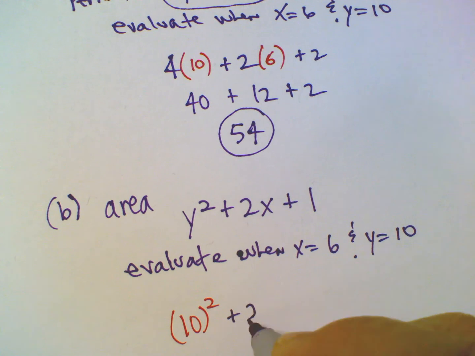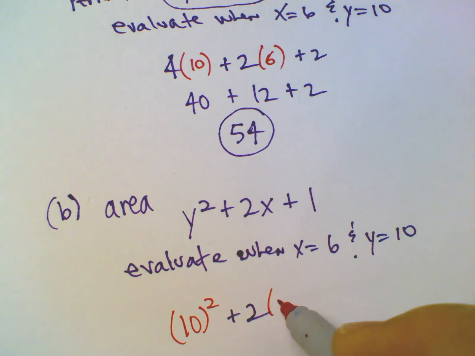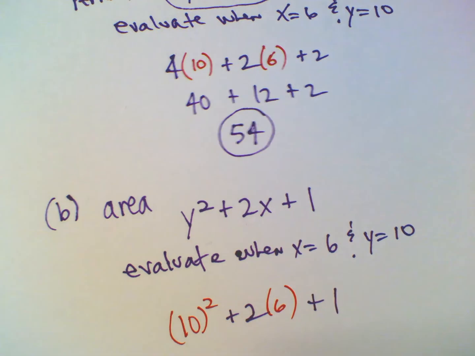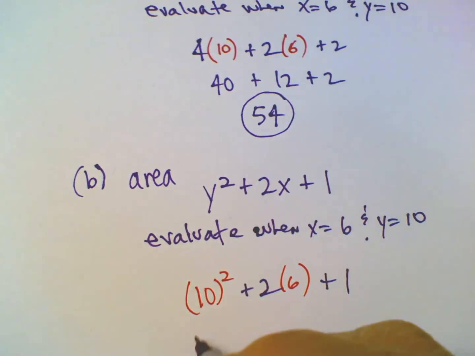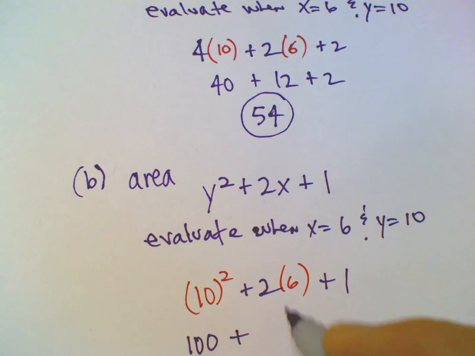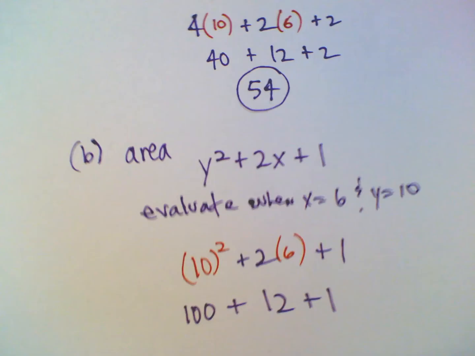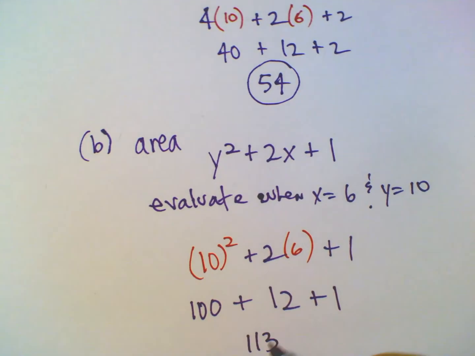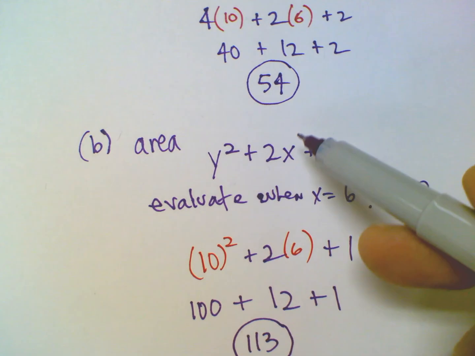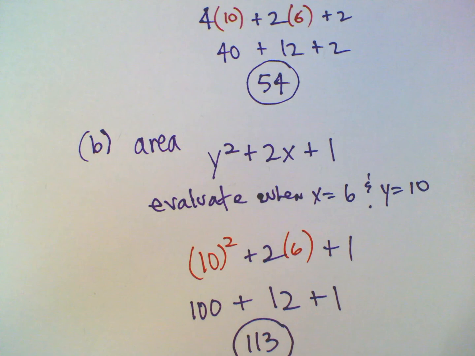So plus 2 times 6, which is what x is now, plus 1. So order of operations, you do your exponents first, you get 100, and you can multiply, you get 12. So now I have 100, because 10 times 10 is 100. 100 plus 12 plus 1 gives me 113. So that's the evaluating part of part B, and that's the expression part of part B.